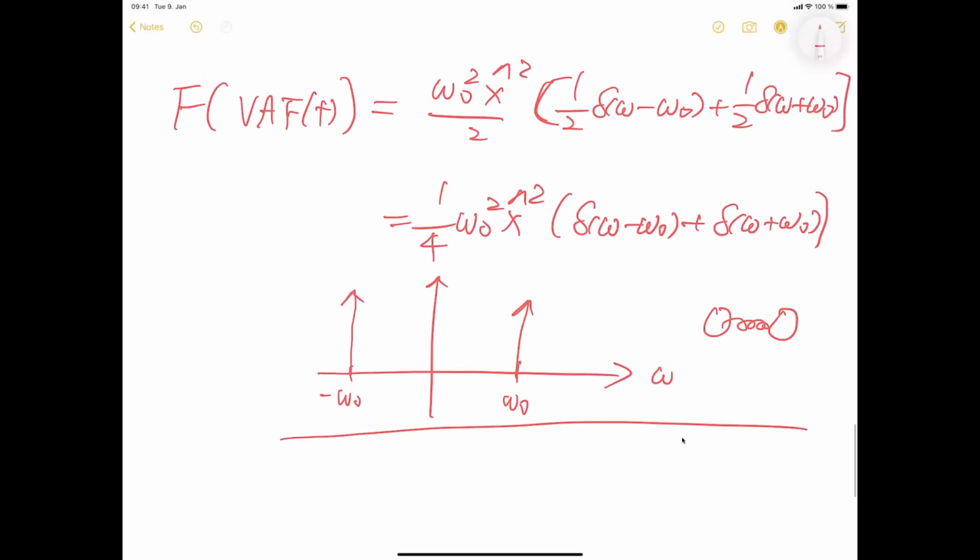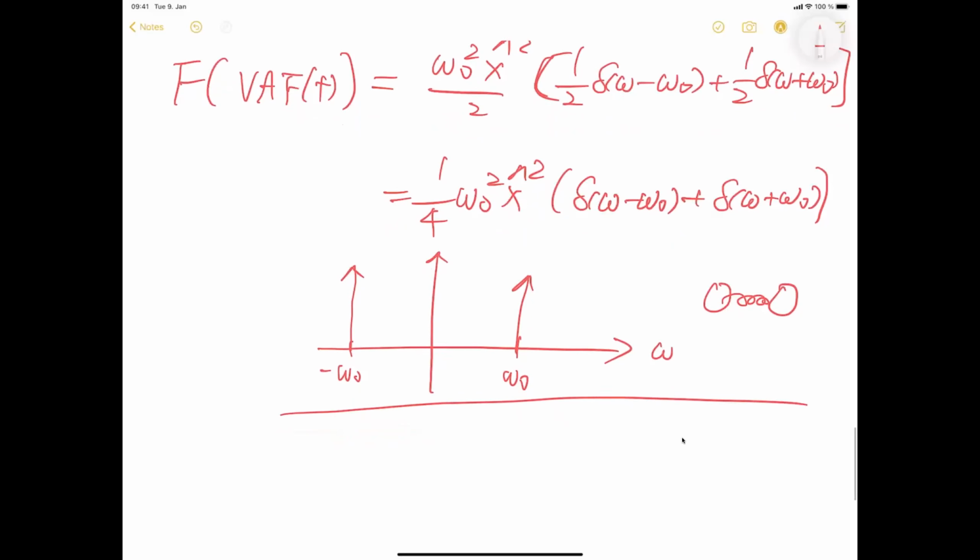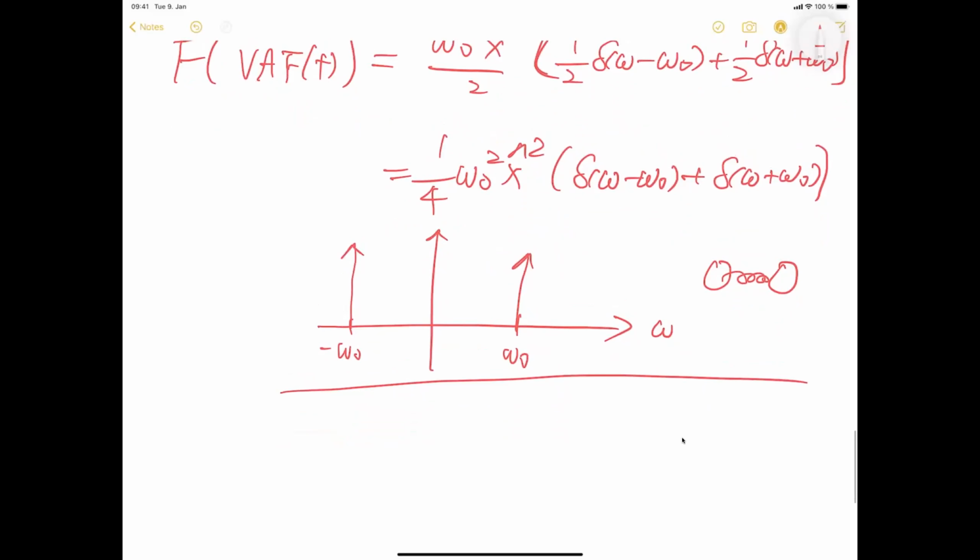But actually, from this Fourier transform of the velocity autocorrelation function, you can say something more. This is proportional to the density of states.